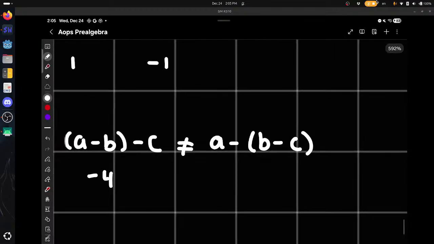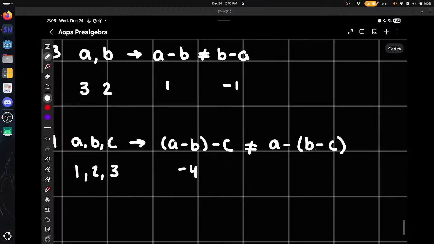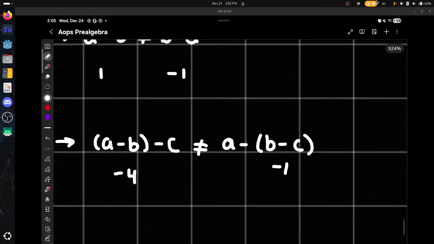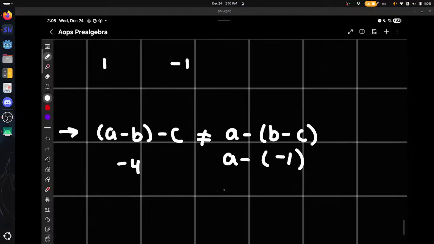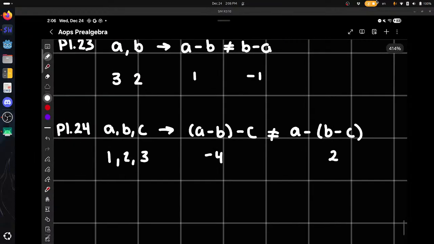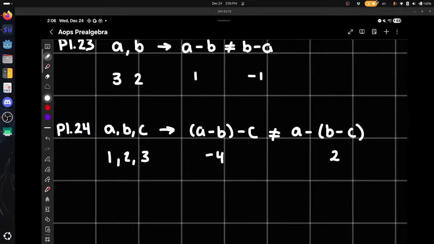Hold on. 2 minus 3. Yeah, that's -1. And a minus. So it's really a 1 plus 1, which is 2. Okay. So yeah, that's not the same. So subtraction is not associative.